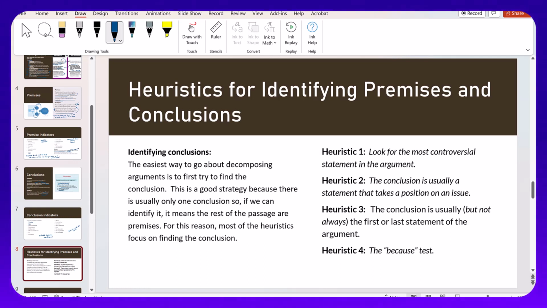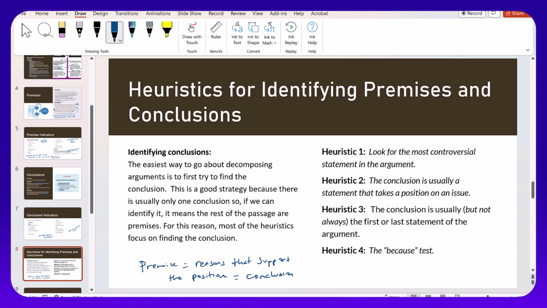So that's why it's often easy to try to look for the most controversial statement, because it's not always, but often is the conclusion. The next one is the conclusion is usually a statement that takes a position on an issue, right? The premise is the reason that supports the position on the issue, which is the conclusion. So again, the premise equals the reasons that support the position, which equals the conclusion.